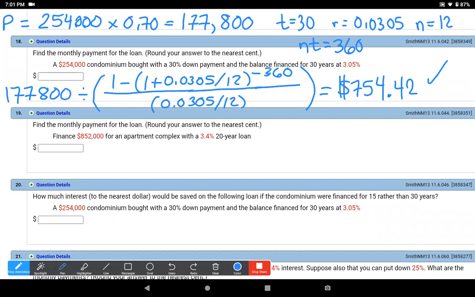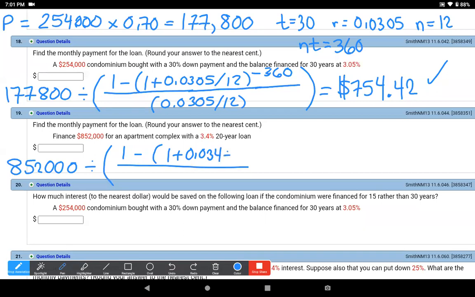Finance an apartment complex. Oh, dang, a whole apartment complex. Ooh la la, right? So we're gonna finance this. That's P. We're gonna divide that by 1 minus 1 plus the rate, which is divided by 12, raised to the NT, right?